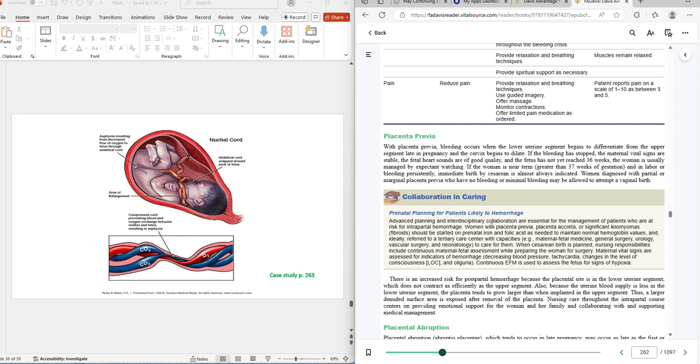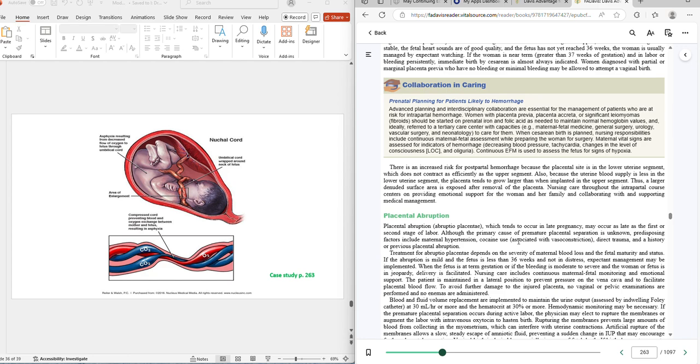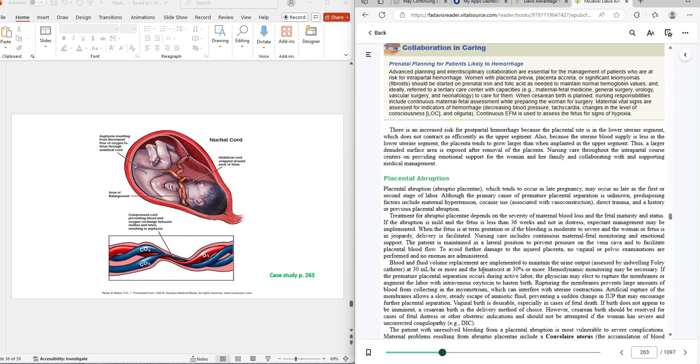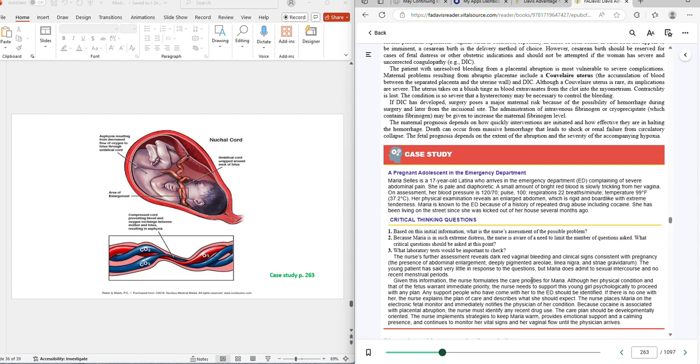We'll get into a lot more detail about that in just a second, but a big thing you need to know is the biggest reason placental abruptions happen, and this is when the placenta actually starts detaching, is cocaine use, okay? Associated with vasoconstriction, the biggest reason for placental abruption is cocaine use. We'll talk more about that, okay? There's a case study on page 263 you need to do to put it all together. Make sure you do that when you're reading.